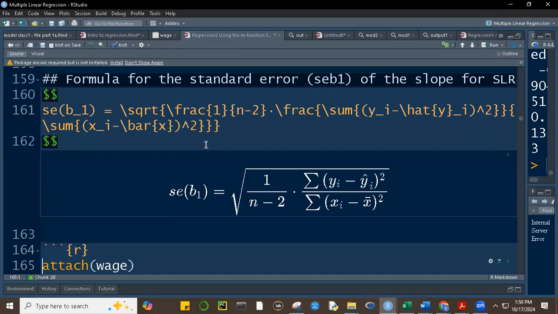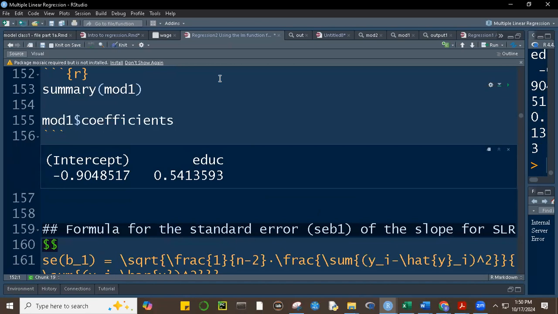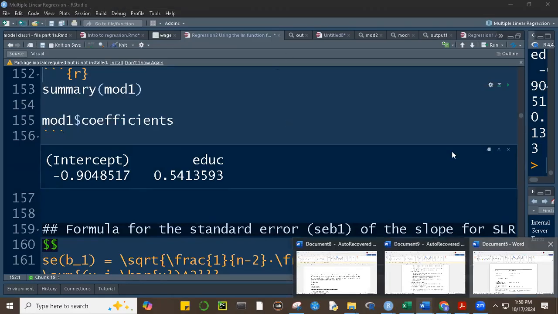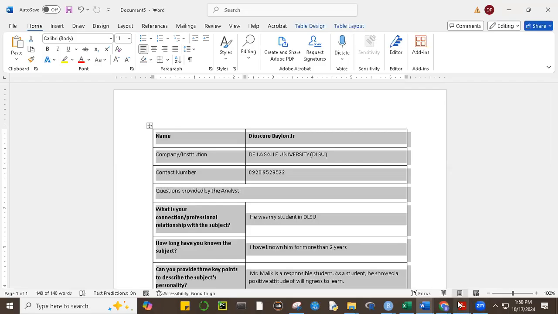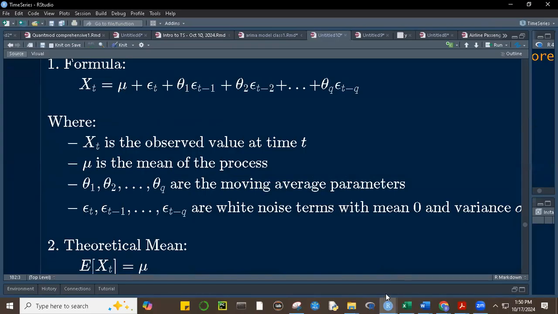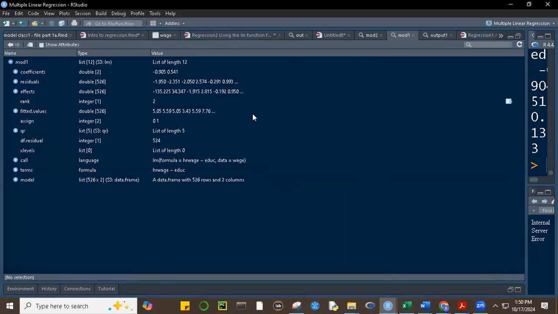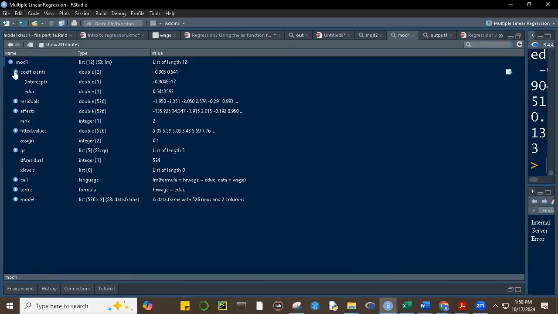Where's the outcome? Let's once again go to model 1, class. Take a look.